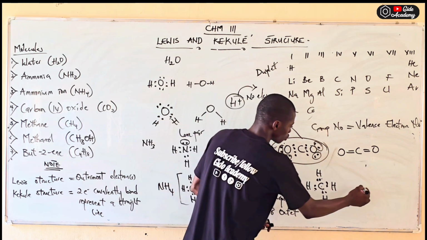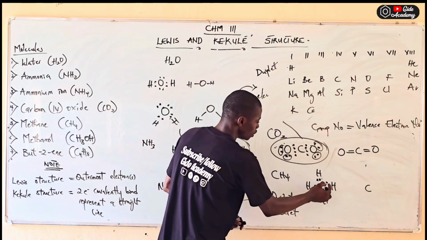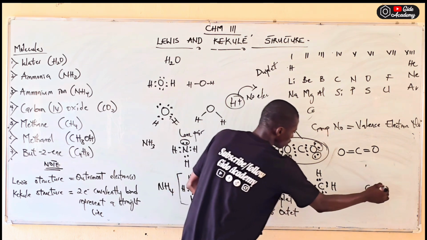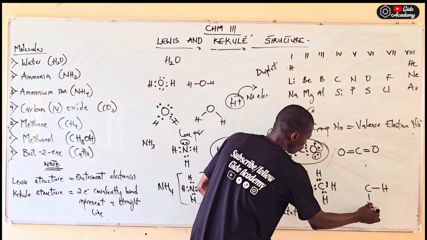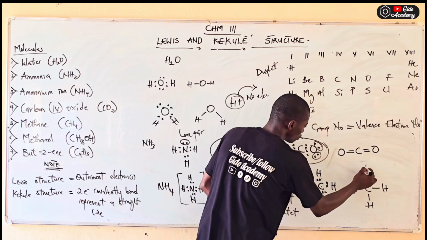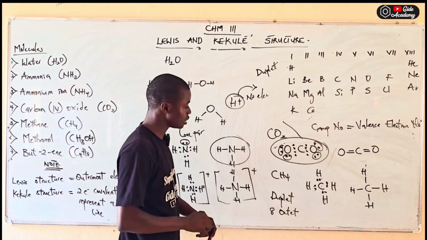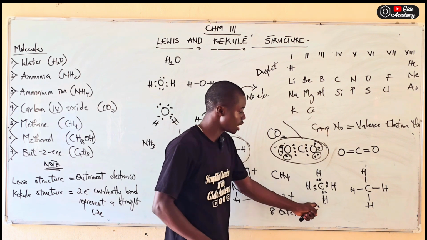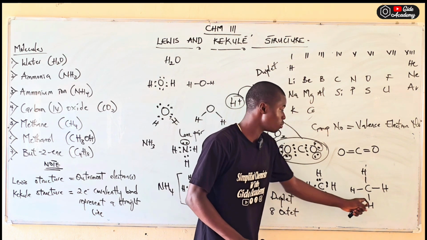If you want to draw the Kekule structure, here will be a carbon atom, 2 electrons, 1 bond; 2 electrons, a single bond to hydrogen; 2 electrons, a single bond to hydrogen; 2 electrons, a single bond to hydrogen. So this is a Lewis structure for methane, and this is a Kekule structure for methane.